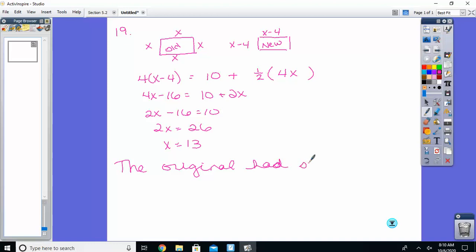So the original had sides 13 inches long, or it was 13 by 13. Questions on that one?